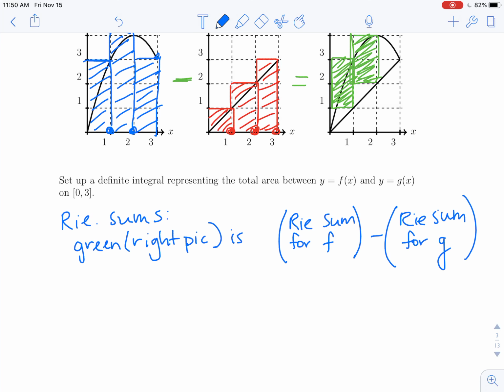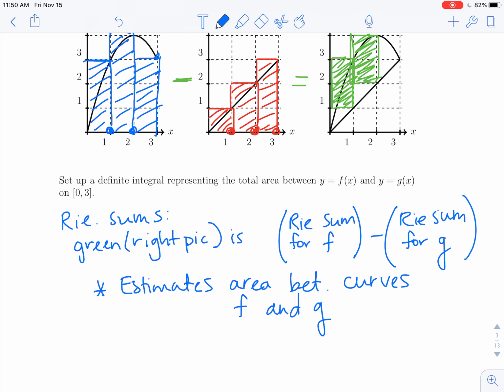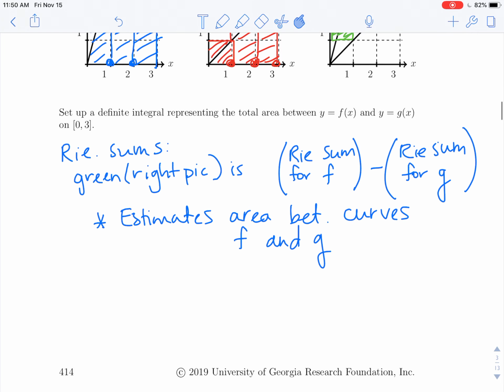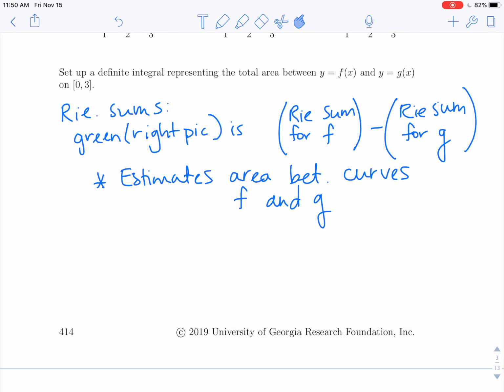And it very much looks like this Riemann sum for f minus Riemann sum for g is a good estimate of the area between the curves. This estimates the area between the curves f and g. And so the Riemann sum is giving us an estimate.